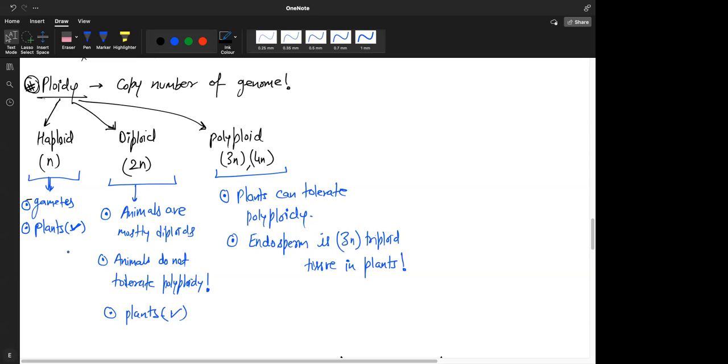Animals are mostly diploid, and also plants. Then we have polyploid, which have 3, 4, 5 sets of the genome, etc. Exactly. And plants can tolerate polyploidy. Also, endosperm is a triploid tissue in plants.